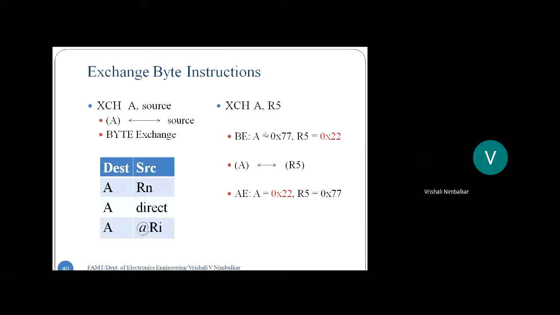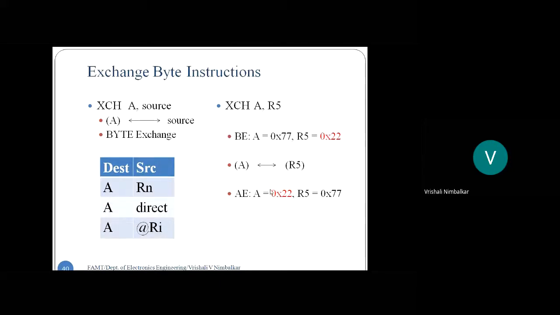Let us assume the accumulator has 77 hex data. The R5 register has 22 hex data. While executing, what happens? R5 data goes into the accumulator and accumulator data goes into R5. So see AE, after execution, what will you find? The accumulator is stored with 22. That's the data from R5. And R5 is stored with 77. That's the data of the accumulator.